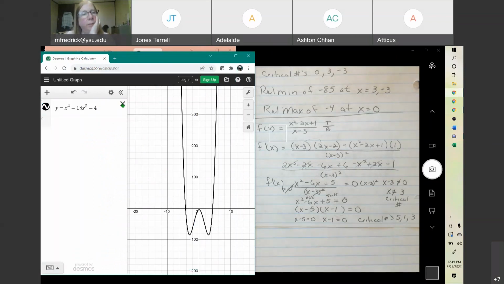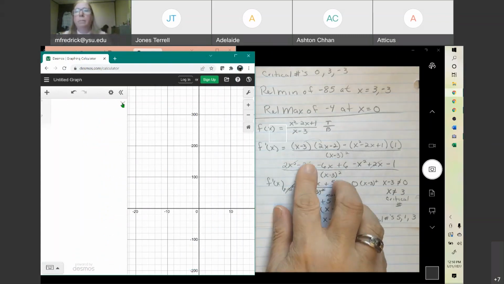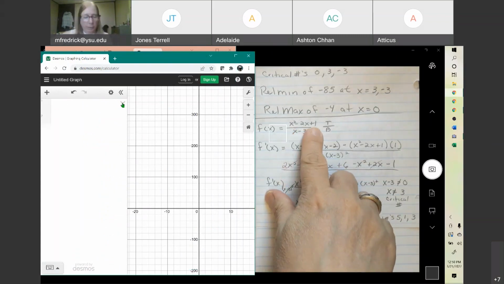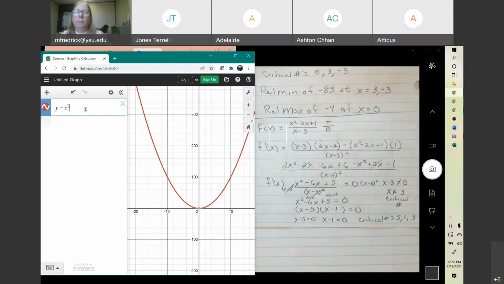Okay, if we graph it real quick, y equals x squared minus 2x plus 1, x minus 3.